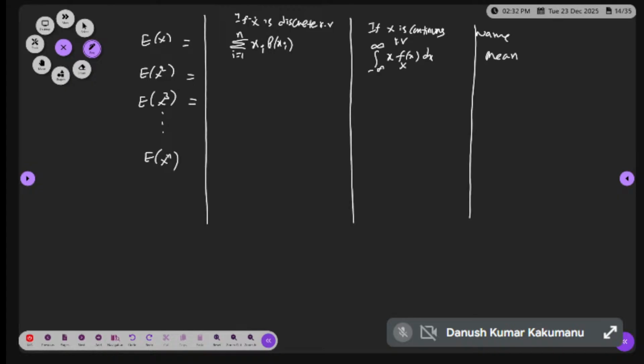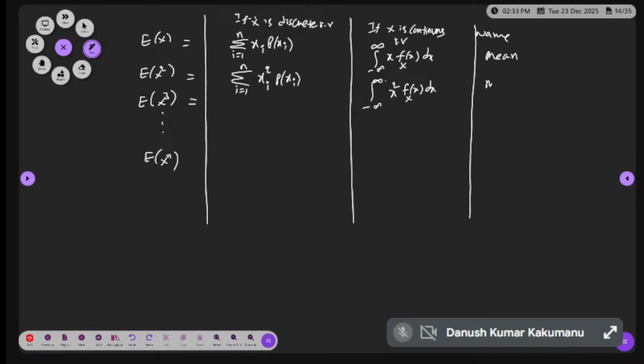E of x square. What is the E of x square? Summation i is equals to 1 to n, xi square p of xi, and in the continuous case, integral minus infinity to infinity, x square into f of x dx. What is the name of this formula?